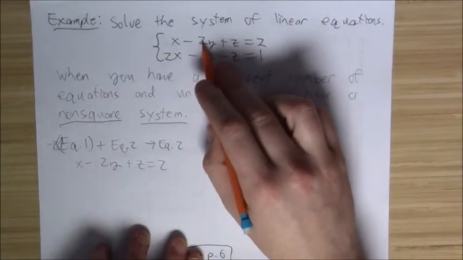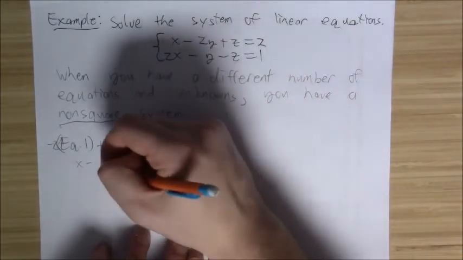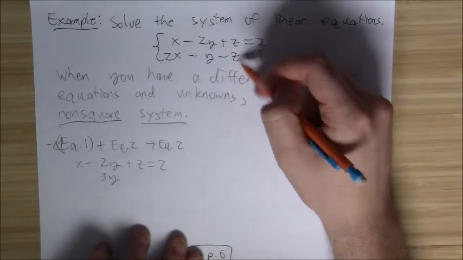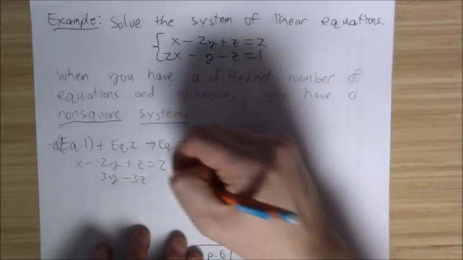So that would be positive 4, so 3y, and then negative 3z, and then we'd end up with negative 3 when we add as well.